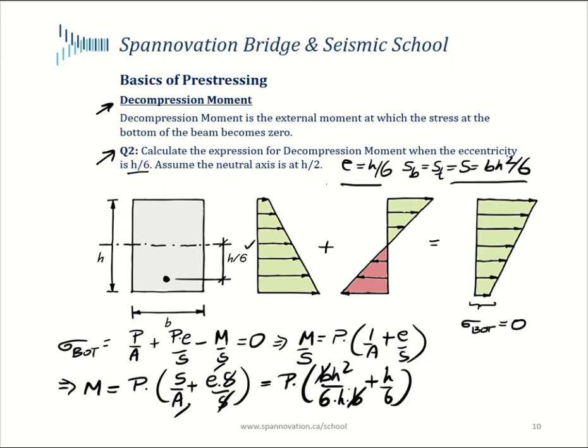We can cancel out b, we can cancel out one of the h's, and I've got h/6 plus h/6, that gives me h/3. So the decompression moment, the expression for that would be Ph/6. In other words, when the moment from the externally applied loads becomes equal to the tendon force times the height of the section divided by 3, then the stress in the bottom fiber would go to 0.